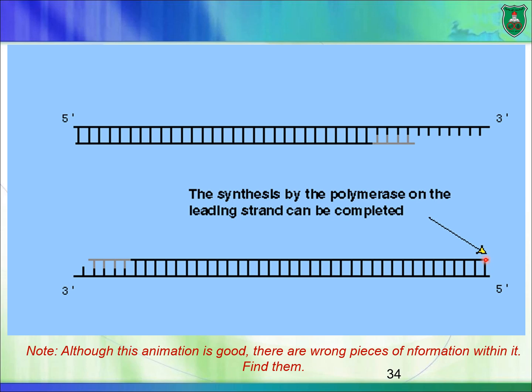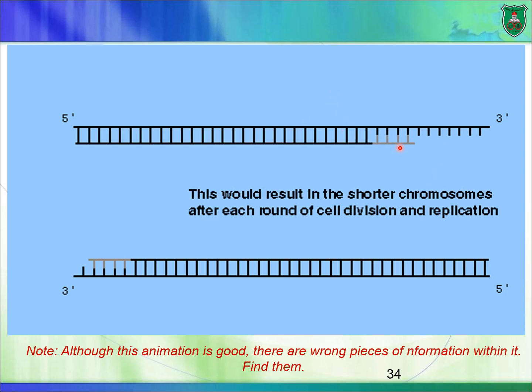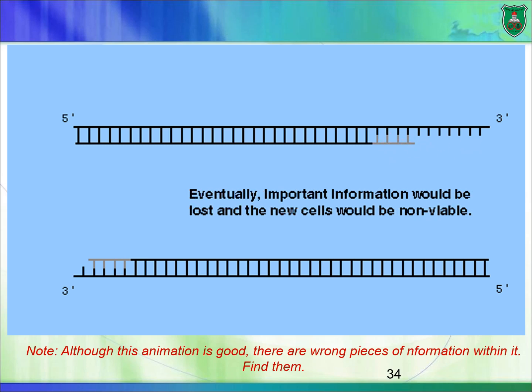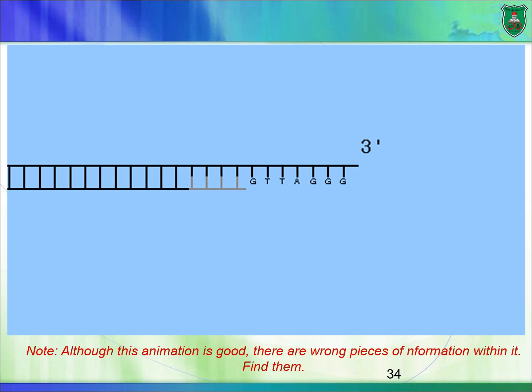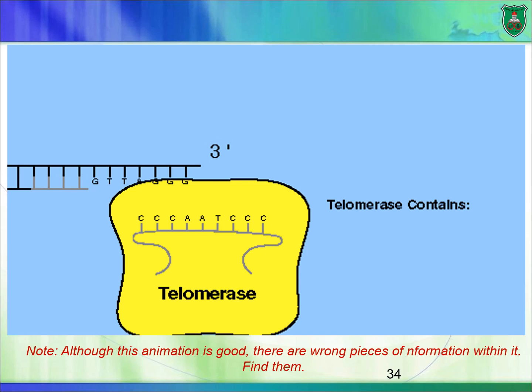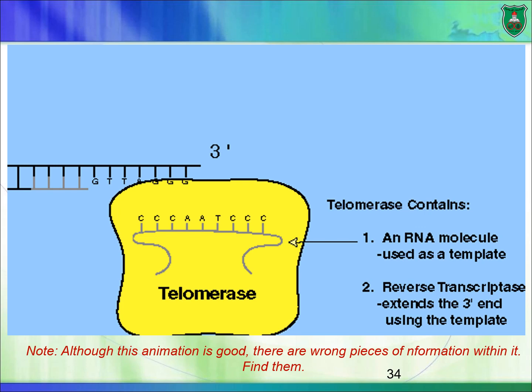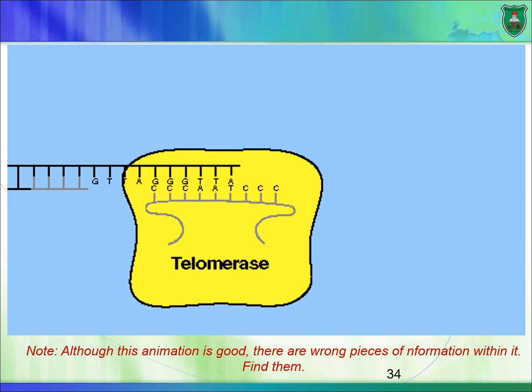Now with the template of the lagging strand, this is the primer, but when it's removed, there's no space to fill in this gap right here. Now the telomerase comes in, and it uses the RNA that is associated with it, and it elongates the strand that is the template of the lagging strand.